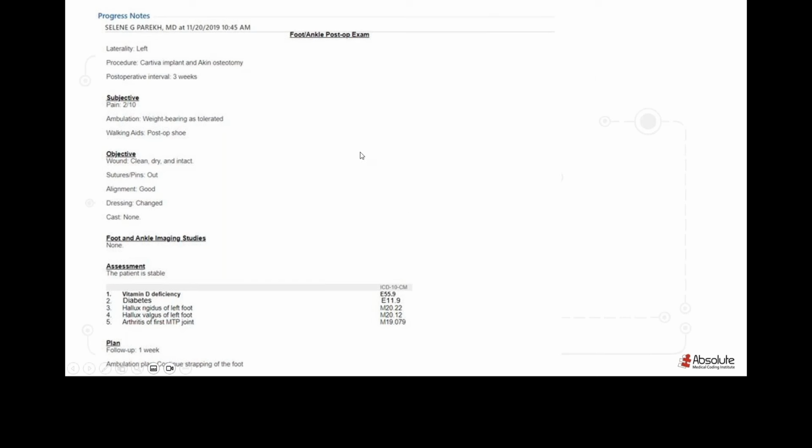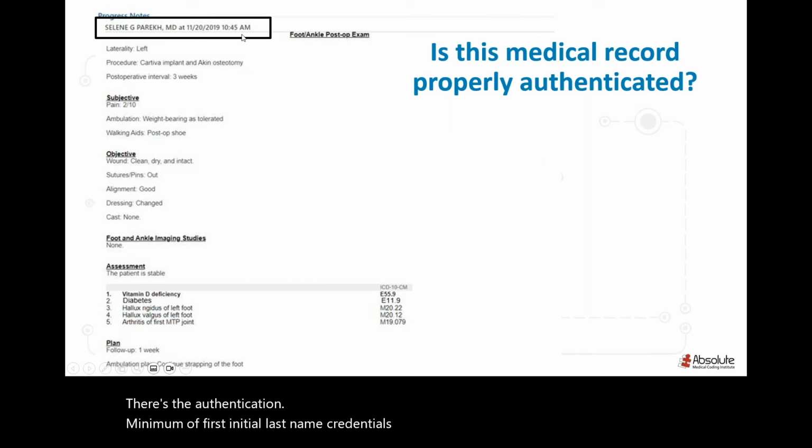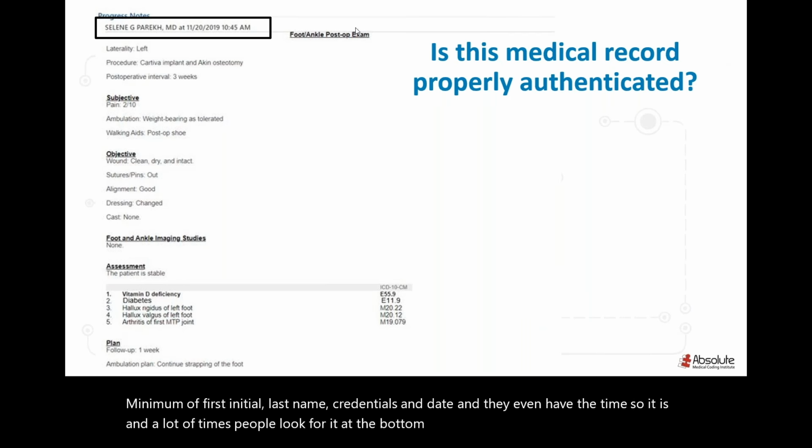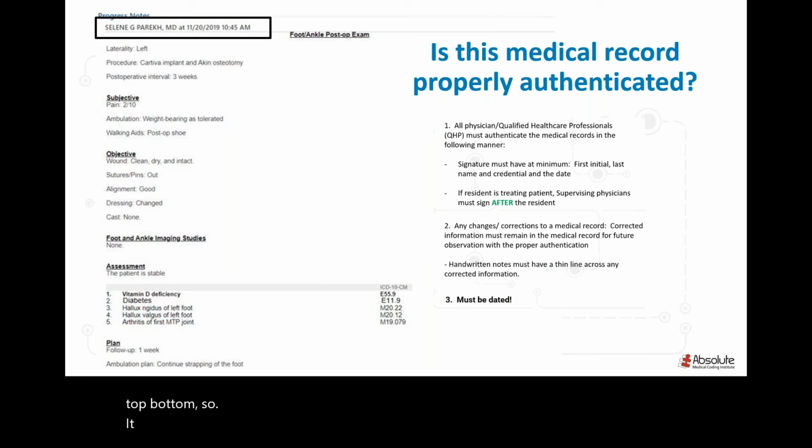Indeed, it is properly authenticated. There's the authentication: minimum of first initial, last name, credentials, and date. And they even have the time. A lot of times people look for it at the bottom, but in these EHRs, it can be anywhere, top or bottom. Good job.